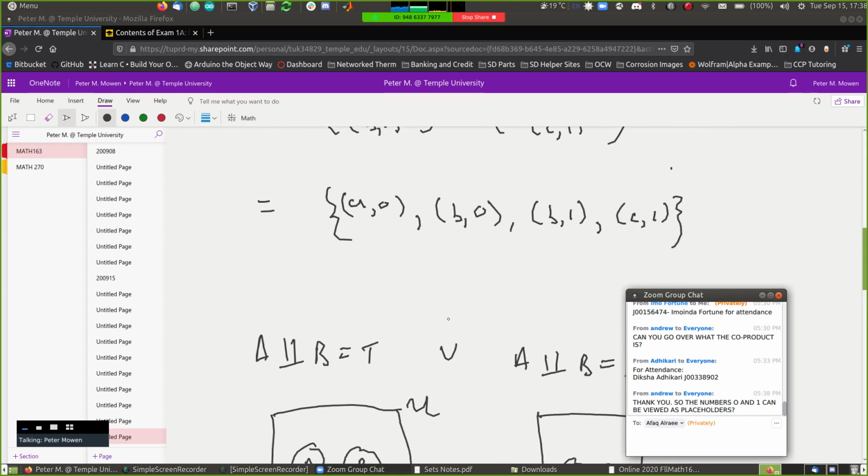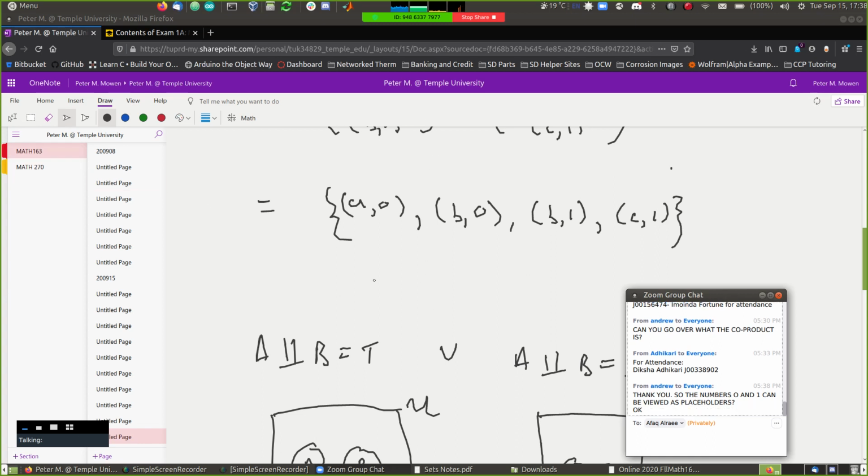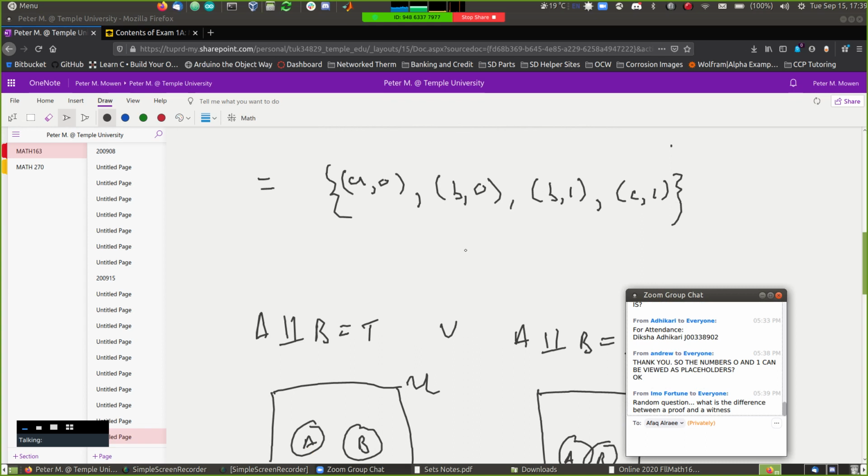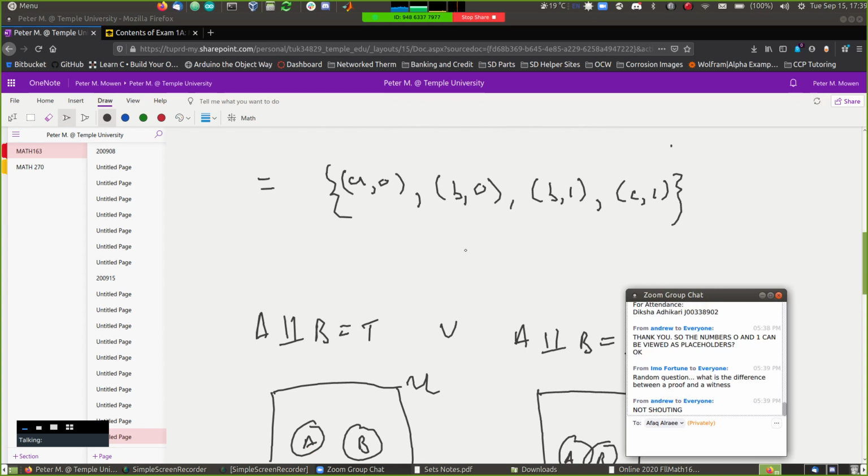Yeah, it's more of an indexing system as opposed to a placeholder. Cool. Also, I can't tell if you're just shouting or you've just got caps lock on. Not shouting. Okay.